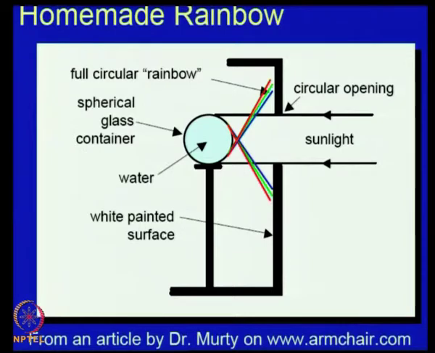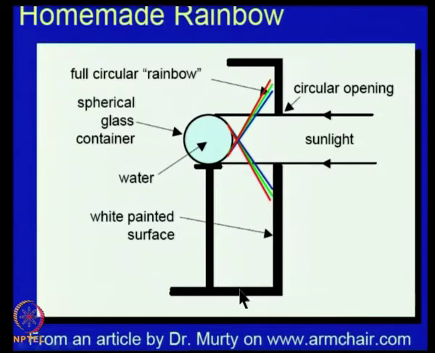As a matter of fact, the best way to understand a rainbow is either through computer simulations, or as Dr. Murthy has done in his website www.armchair.com. He shows how you can set up simple experiments in your house to observe rainbows.